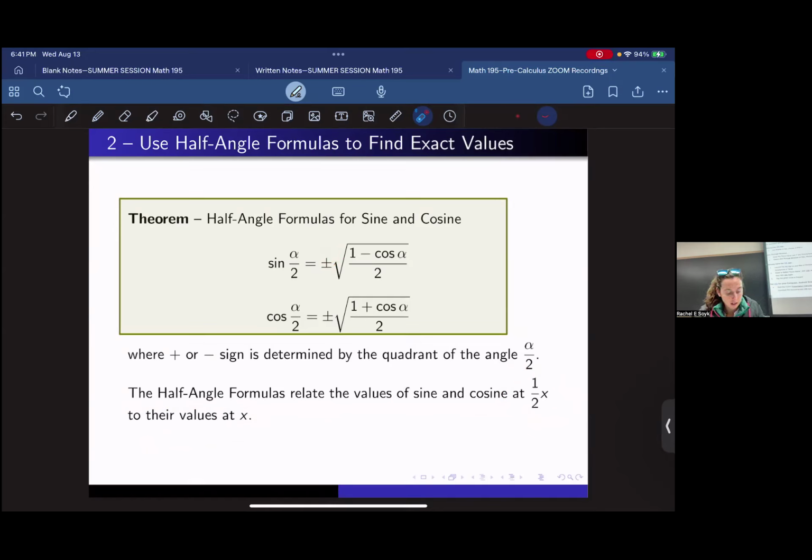So if it's positive, then this alpha over 2 is telling us the angle itself. If it's 60 degrees and we're referring to sine and we're in the second quadrant, then we have a positive value, even if we're in the first quadrant. But in the third and fourth quadrant, our sine is negative. So then it would be negative.